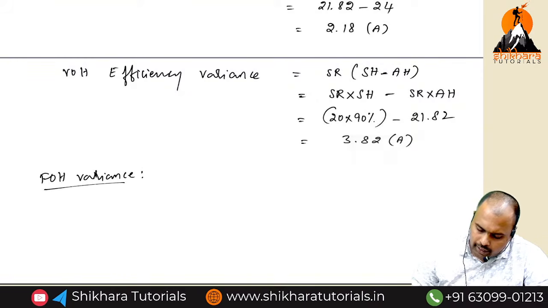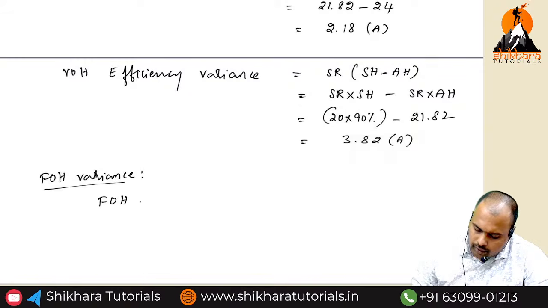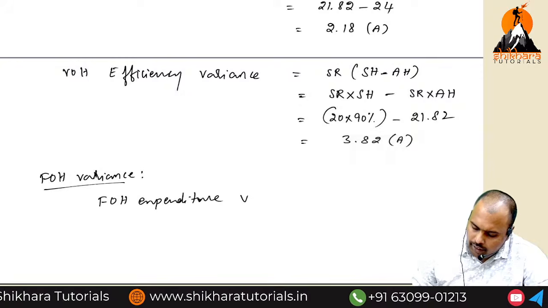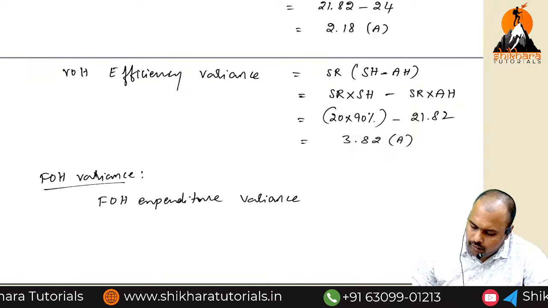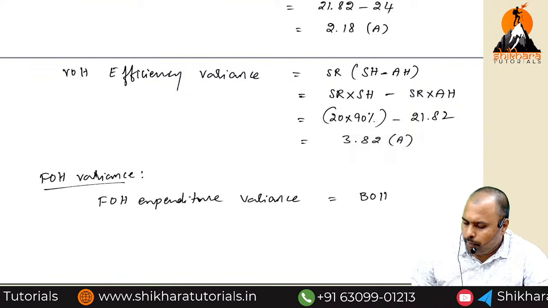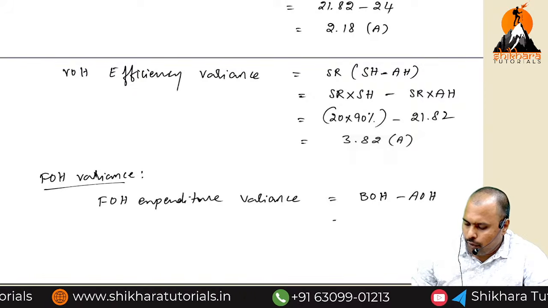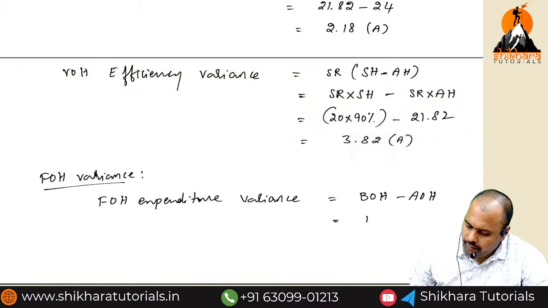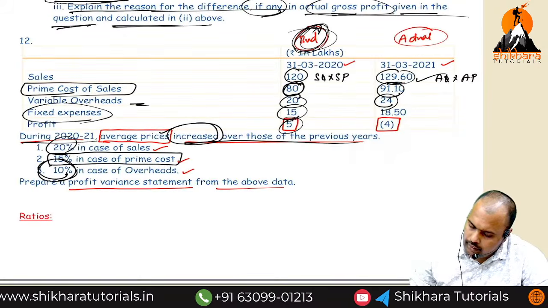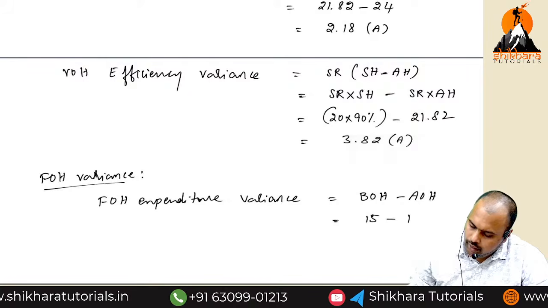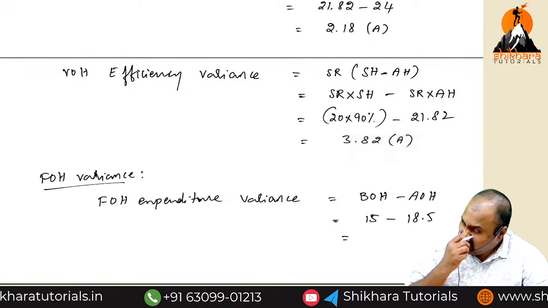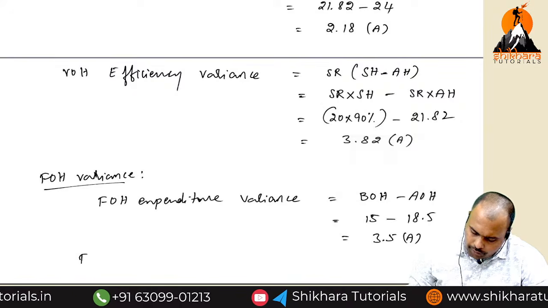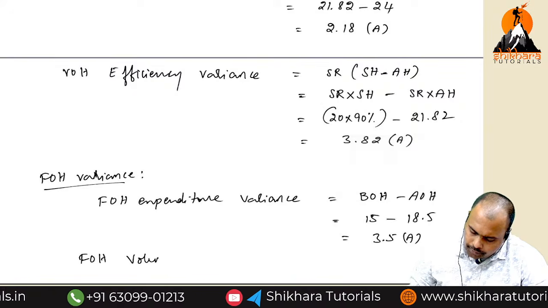Next, fixed overhead variances. Fixed overhead expenditure variance is nothing but BOH minus AOH. BOH is 15 minus AOH, which is 18.5, so 3.5 adverse. Next, fixed overhead volume variance.